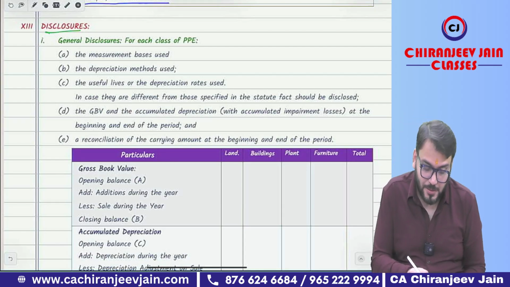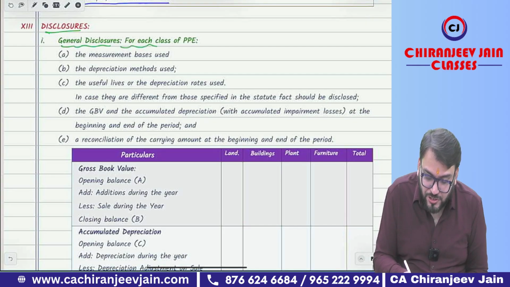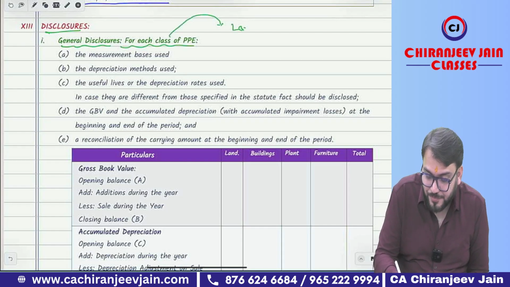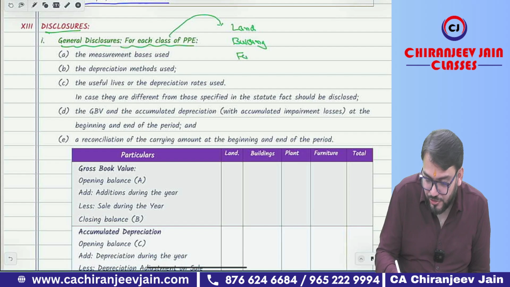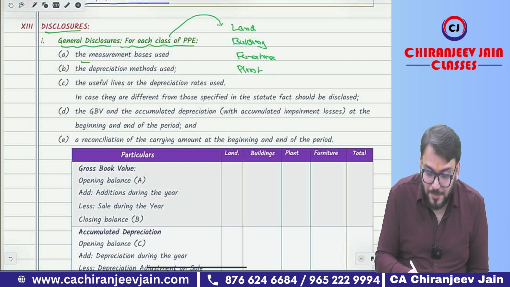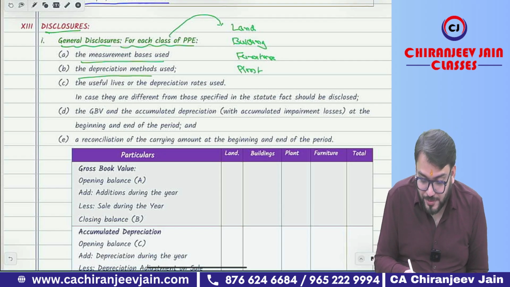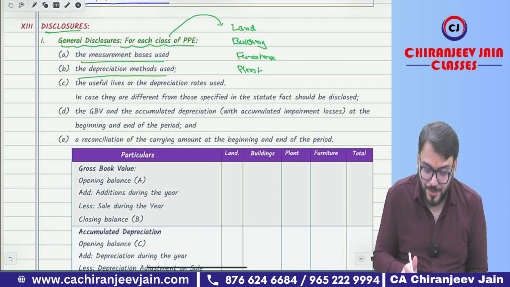First, general disclosure for each class of PPE. So we need to disclose class wise. For example, land is one class, building is another class, furniture is another class, plant is another class, like this. The measurement base used, cost model, revaluation model. Depreciation method used, SLM, WDV, PUM.